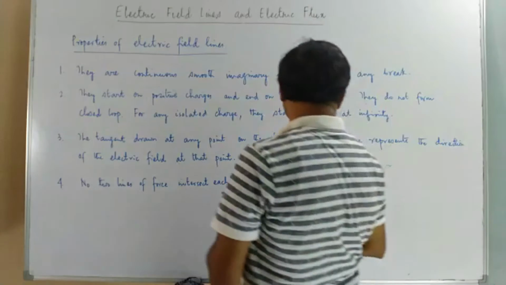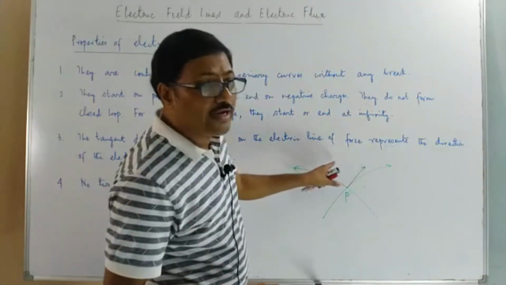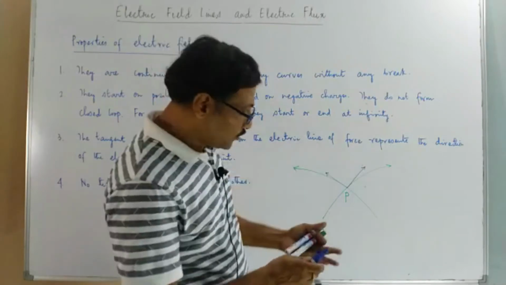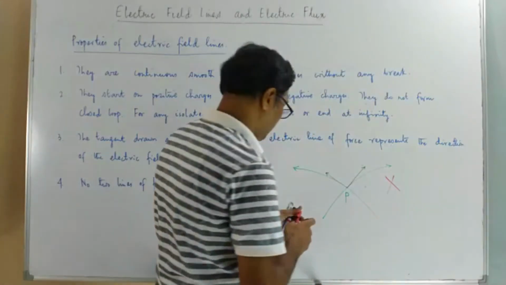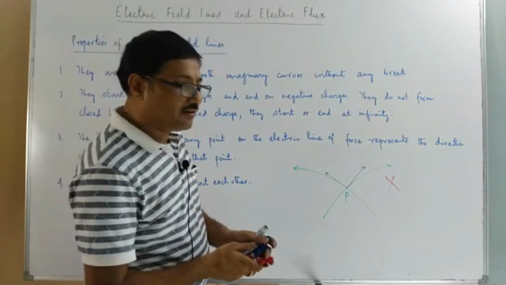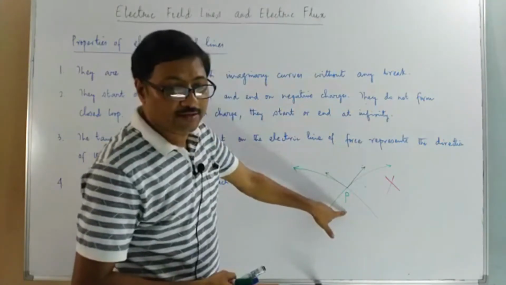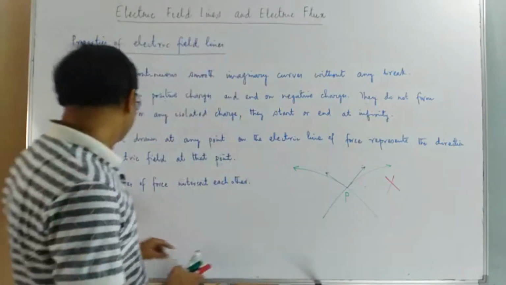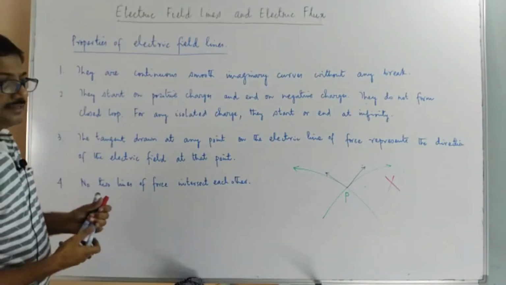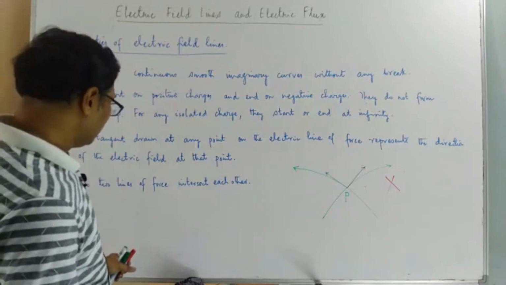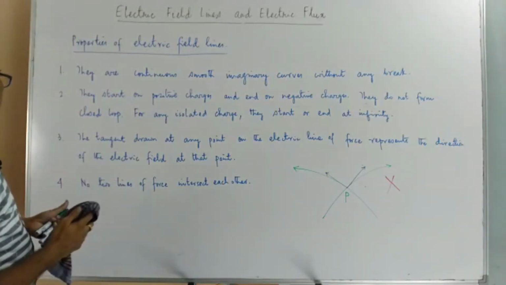It means that the electric field at point P can have 2 directions, which is not possible. An electric field cannot have 2 directions at any point. So it means that no 2 lines of force can intersect each other.